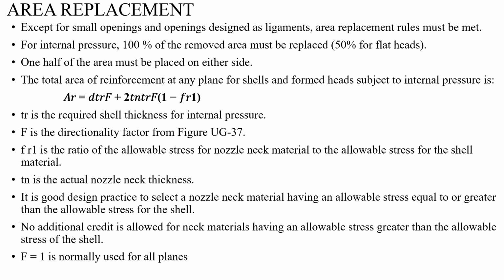We will see in the next slide, based on the picture of UG-37, the factors due to which the value of F can go down. But normally, please remember, the value of F is always taken as 1. So what is FR1? FR1 is the ratio of the allowable stress of the nozzle neck material to the allowable stress of the shell material.